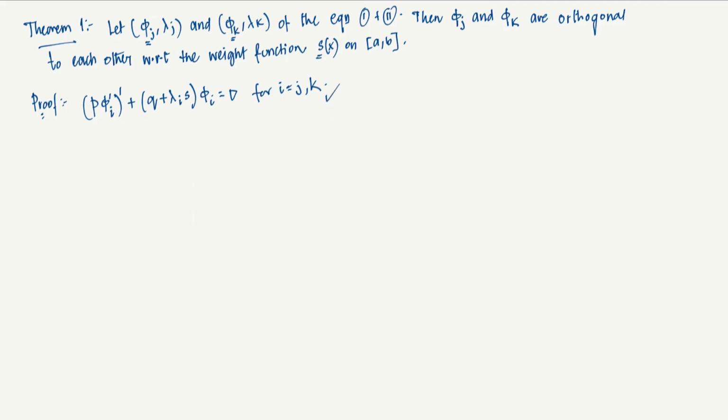Now what I am going to do is, I have two equations here. I will multiply the first one.